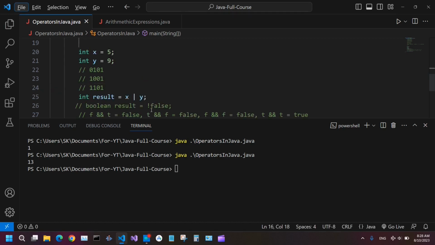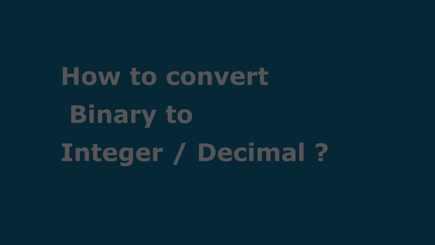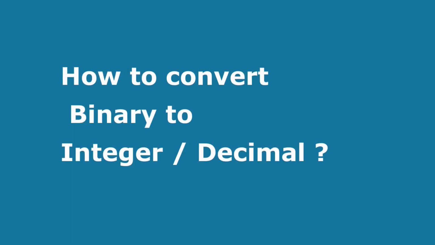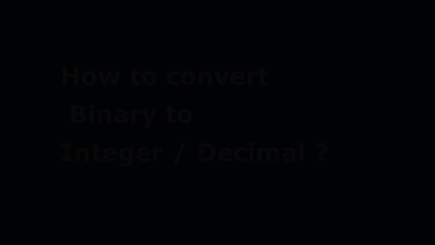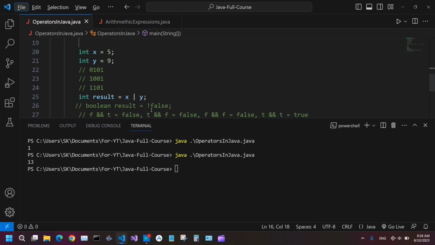Now you also learned how to convert from decimal to binary. And to convert from binary to decimal, it is very simple.